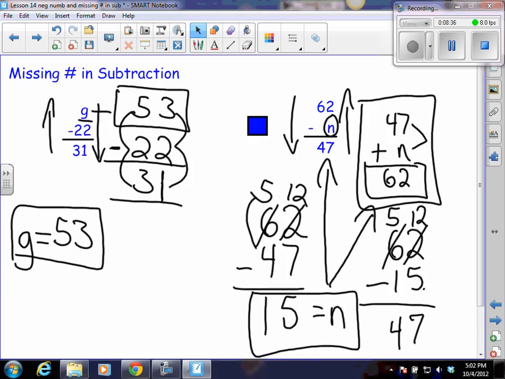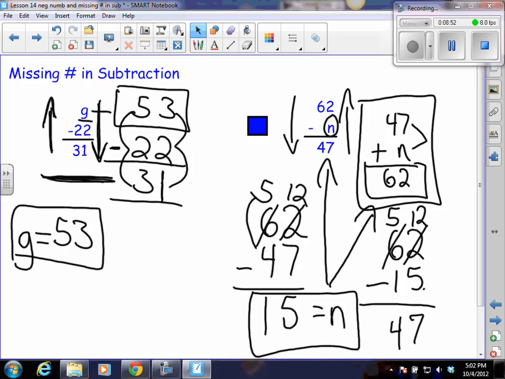And so sometimes as we get missing numbers in subtraction, like over here, we can see that we can just use the rules of the directions, going up and down, to help us find that missing number.